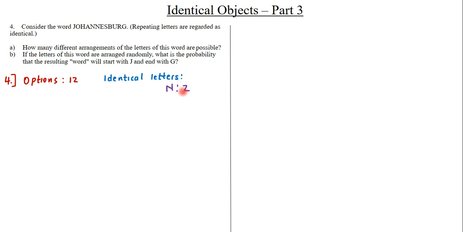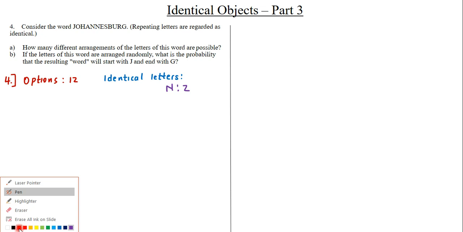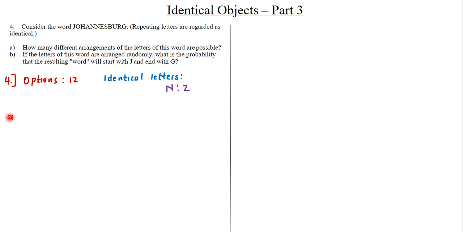For now, if you don't understand why we're doing this, you're going to get it as we answer the questions. Let's look at the first one. It says, how many different arrangements of the letters of this word are possible? Ideally, when we had questions like these, you'd just take the options and write it as a factorial.